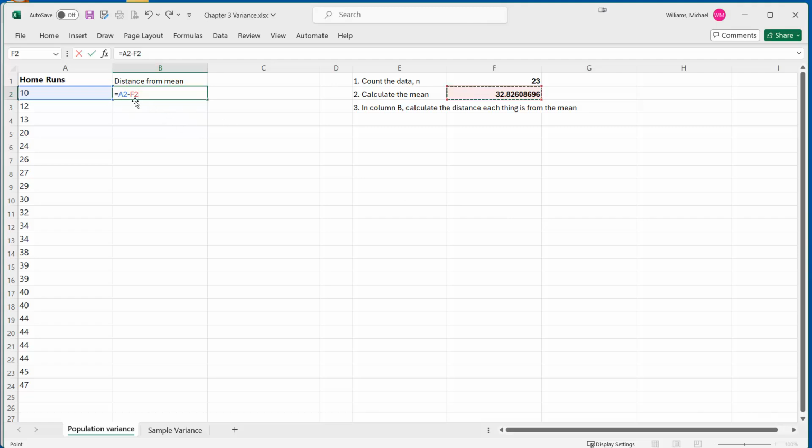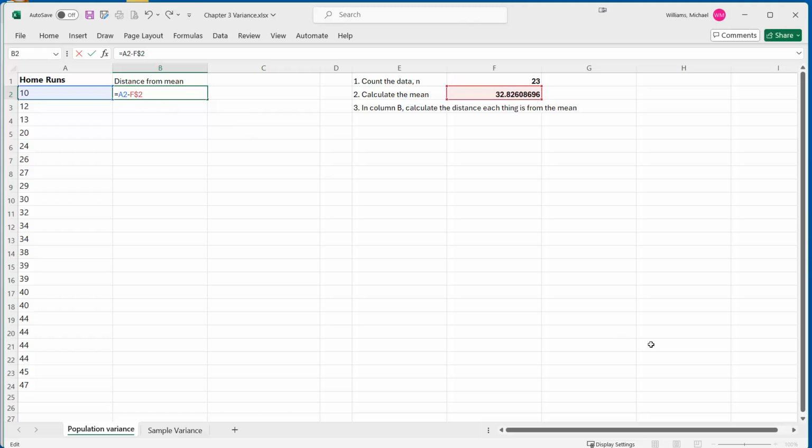You see this F2? That's where this is, right? It's in row F, column 2. That's what F2 means. We want to tell Excel never to change the row. It's always in row 2. The way you do that in Excel is you put a dollar sign in front of the 2.